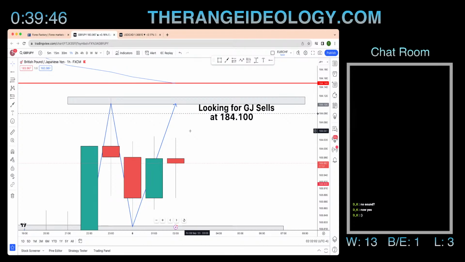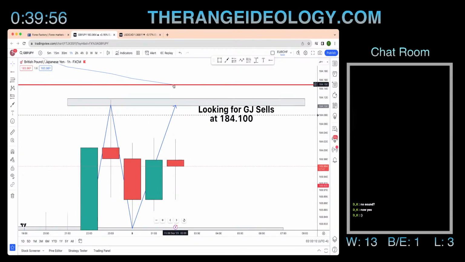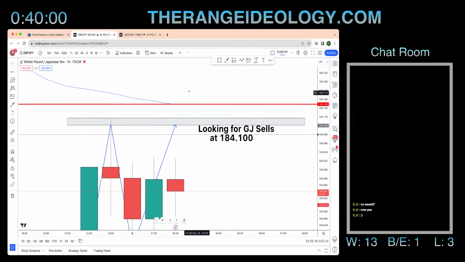I need the price to go above my intended sell price and tap the EMA, and then I can set it, and we have a little bit of breathing room just in case.